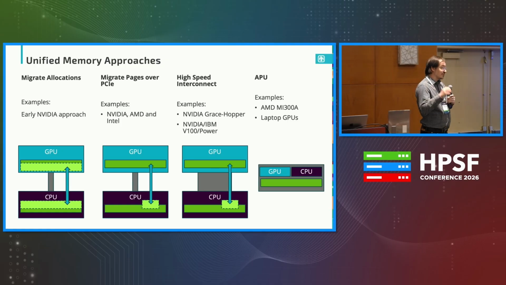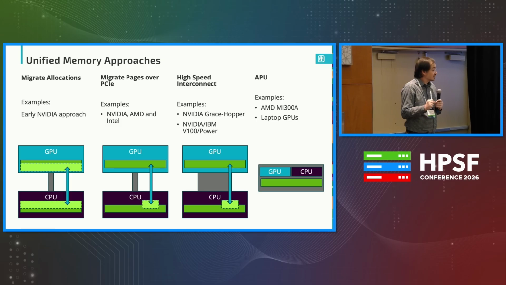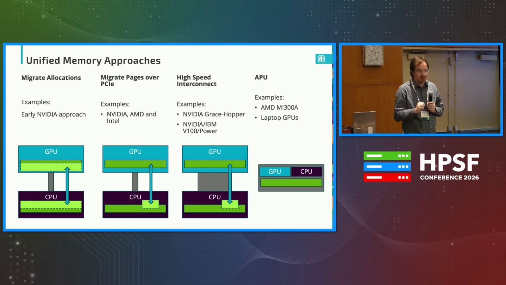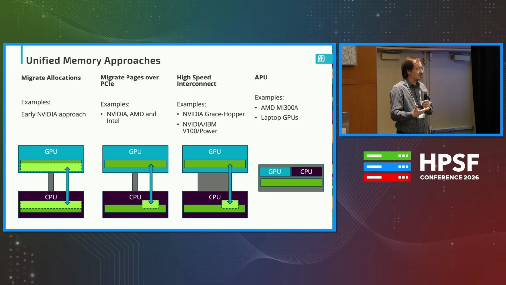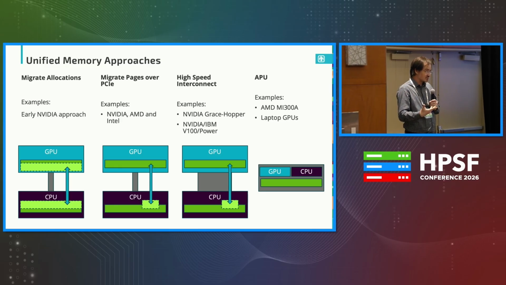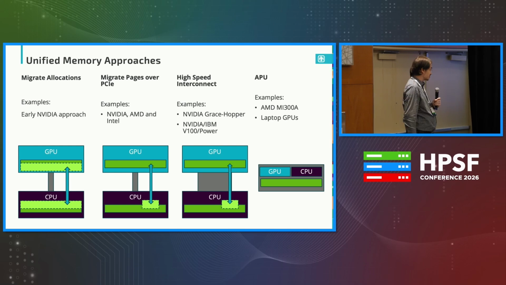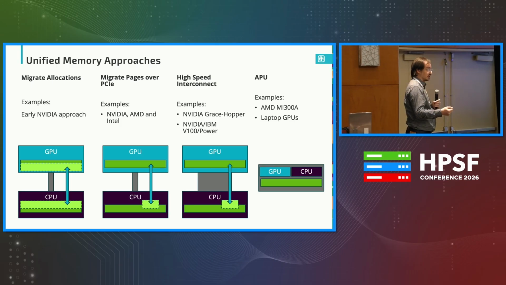Now, unified memory has been overloaded quite a bit for a long time, and at this point there are about 4 major versions of it. The first one, the earliest, was a mechanism which migrated allocations. In NVIDIA's initial unified memory approach, which we called UVM, Unified Virtual Memory, we actually duplicated allocations.